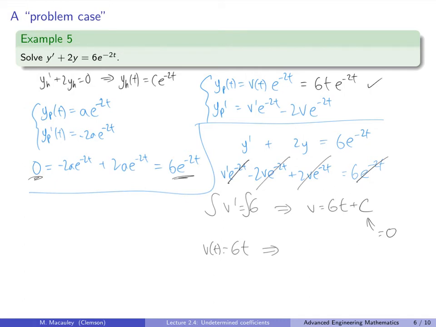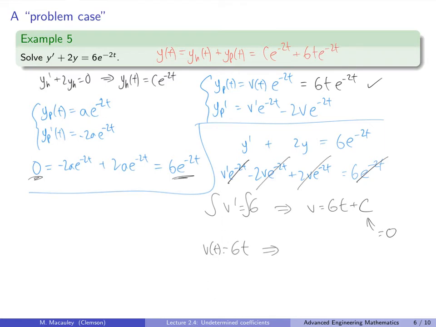So now we're done. Now our solution is y of t equals yh of t plus yp of t, which is c e to the minus 2t plus 6t e to the minus 2t.